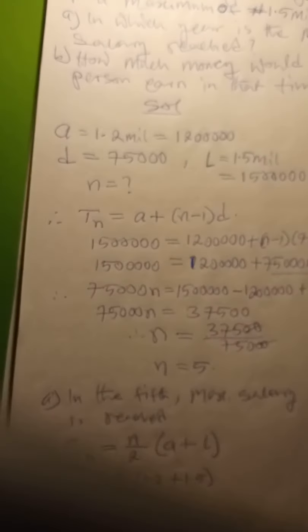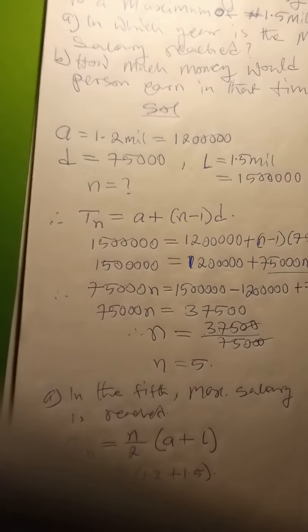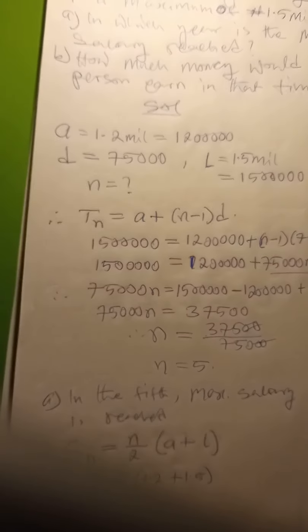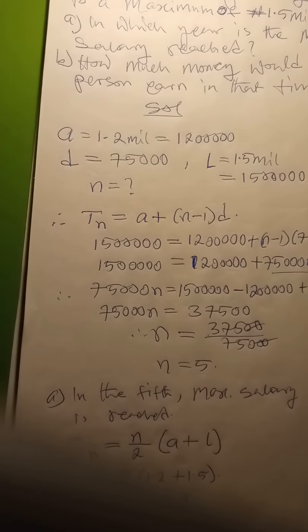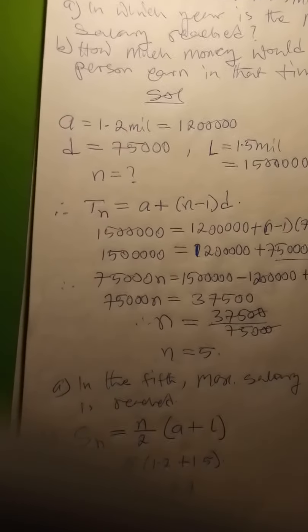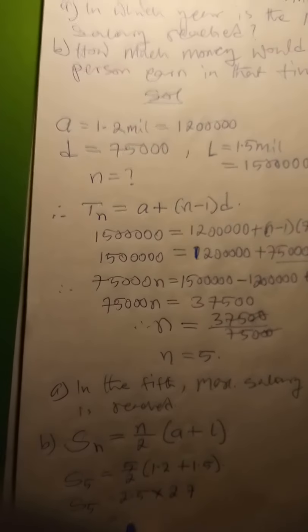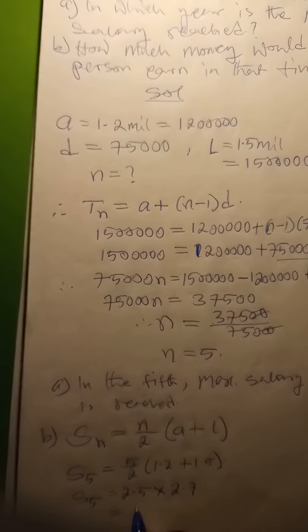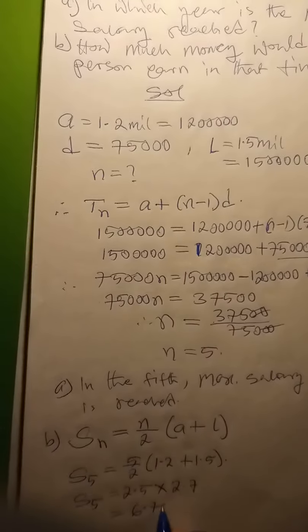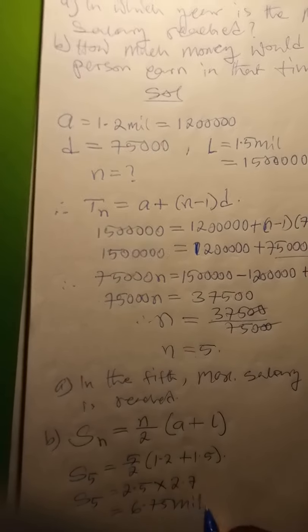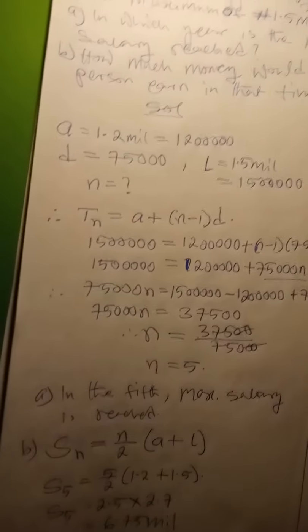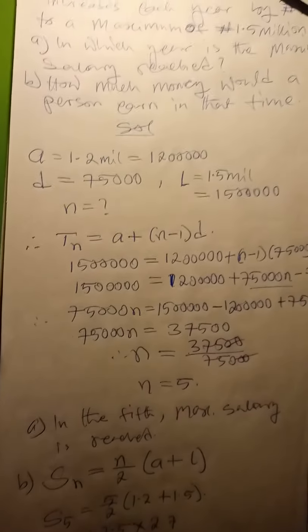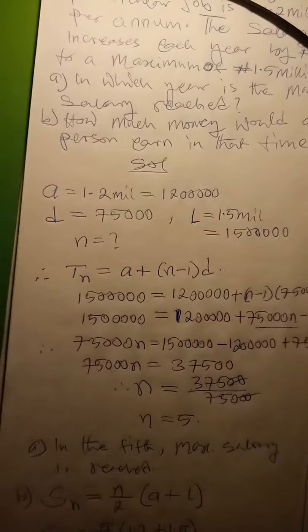S5 is equal to 2.5 times 2.7. If you add this and this, you get 2.7. Okay, so you're going to have 2.7 times this, 6.75 million, or 6,750,000. So that's it, the final answer.